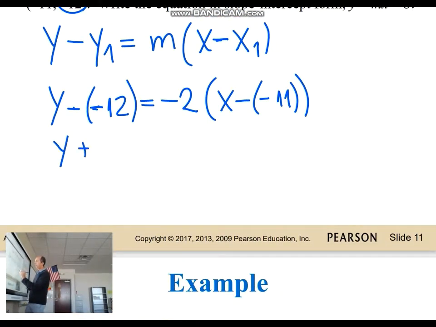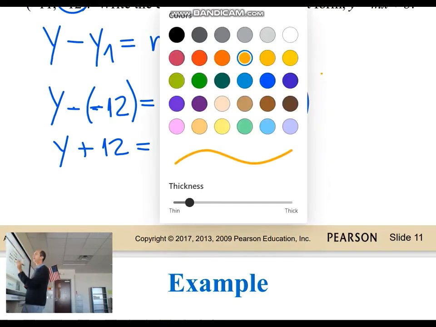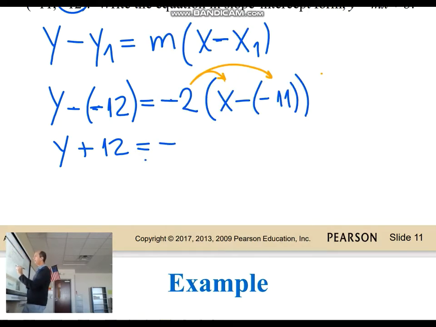Negative with negative is positive, and we can apply the distributive property here, and we will find negative 2 times x, negative 2x, negative 2 times positive 11, negative 22. To find the equation in the slope-intercept form, we need to have only y on the left-hand side, right?